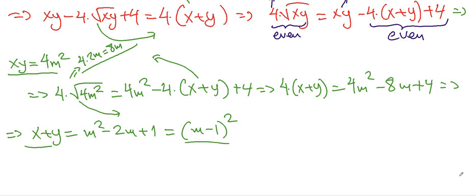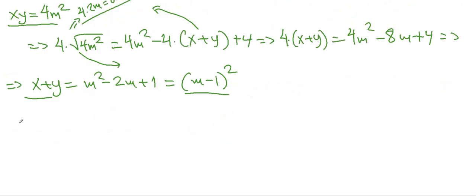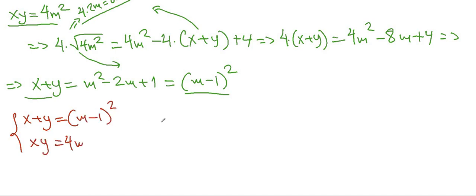Now let me write these two equations as a system. So x plus y is equal to m minus 1 squared and xy is equal to 4m squared.